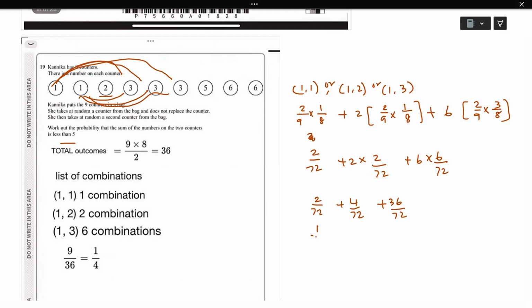Going to the lowest terms, 1 over 36 plus 2 over 36 plus 6 over 36, which is 9 over 36, which is equal to 1 over 4.